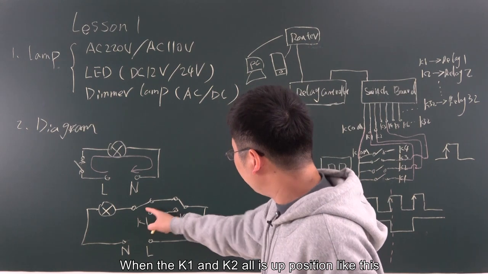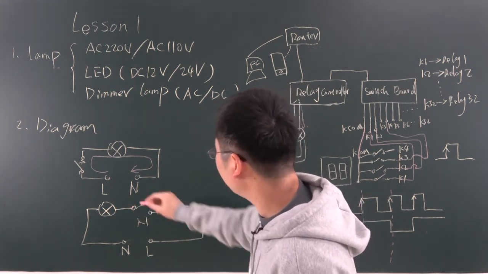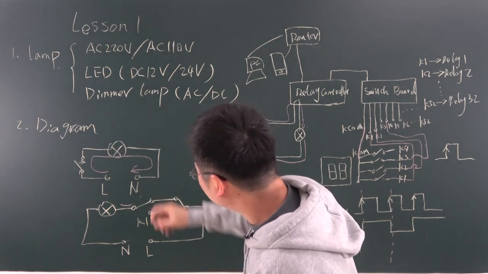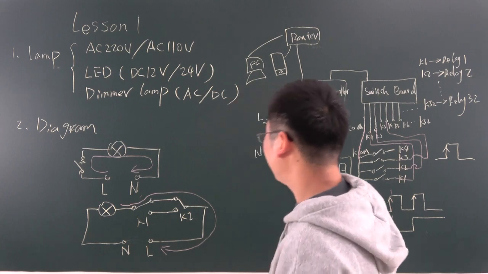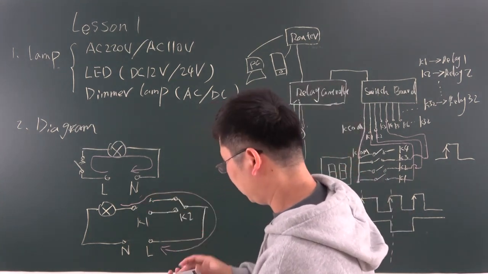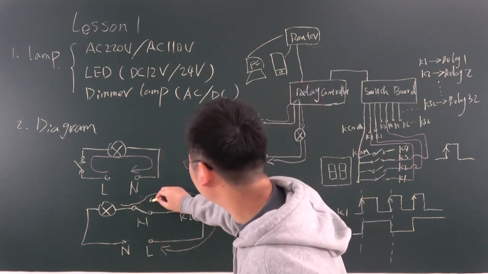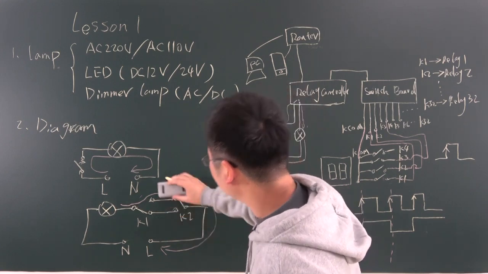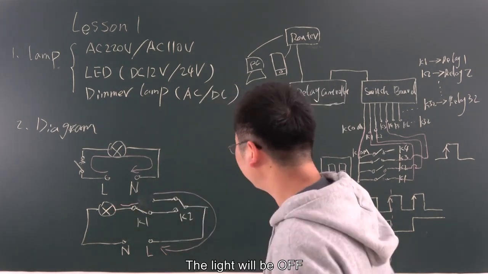So when K1 and K2 are both up, the current will go through. And when K1 is changed to this place, it will disconnect, and the light will be off.